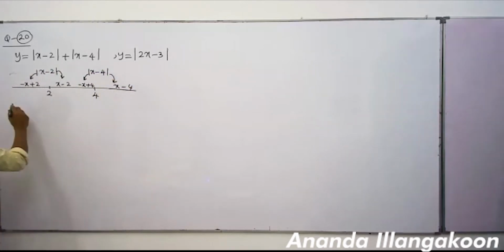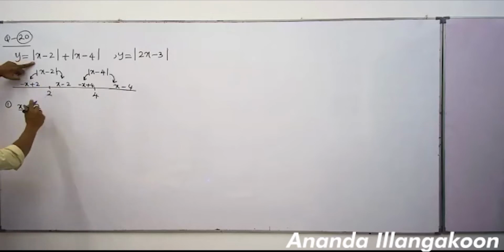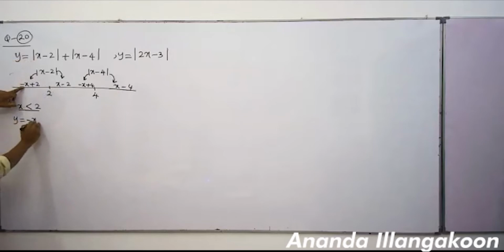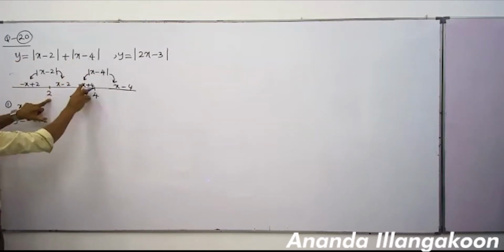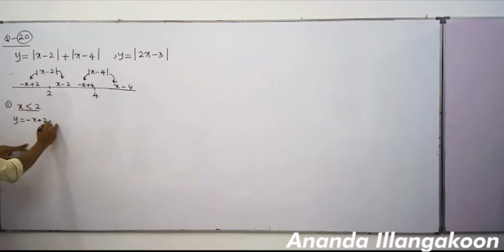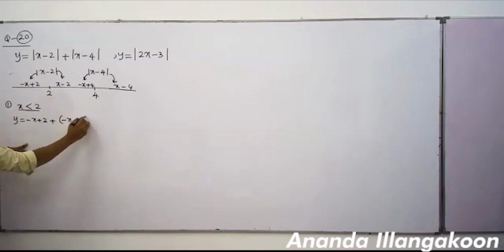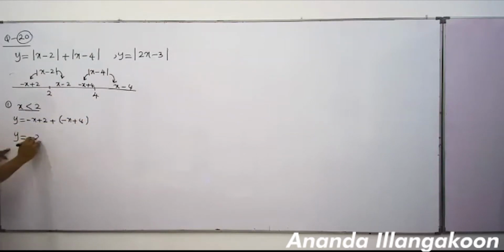Now, first is x less than 2. This one, minus x plus 2. This one, minus x plus 4. So y equals 6 minus 2x. 2 plus 4 is 6.